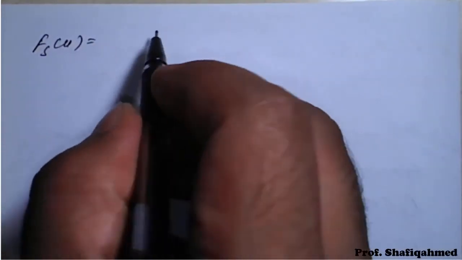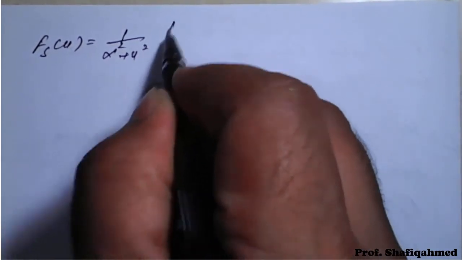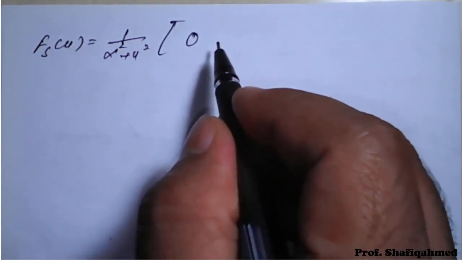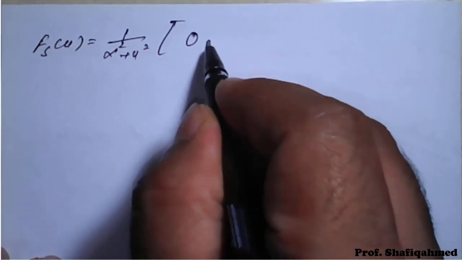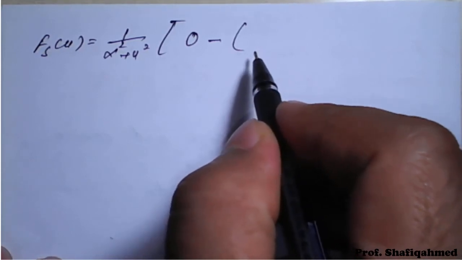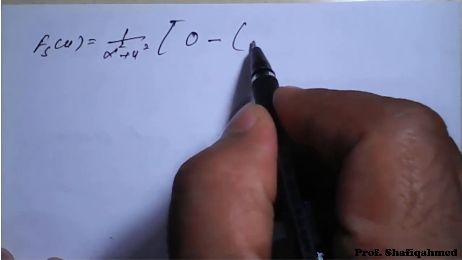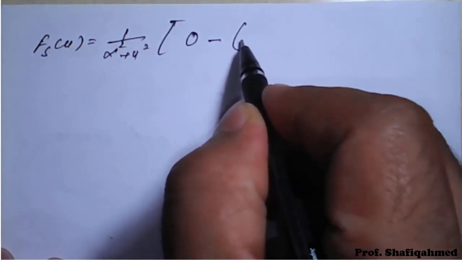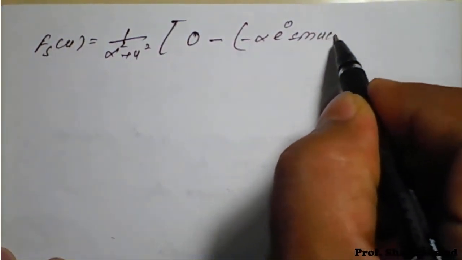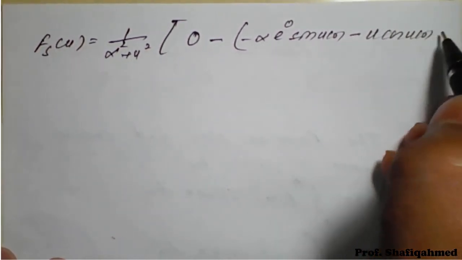Therefore fs of u is equal to 1 upon alpha square plus u square as it is, bracket 0 on applying the upper limit, minus the lower limit. If you apply x is equal to 0, e raised to 0 is 1, that is minus alpha e raised to 0 into sine of u into 0 minus u into cos of u into 0.